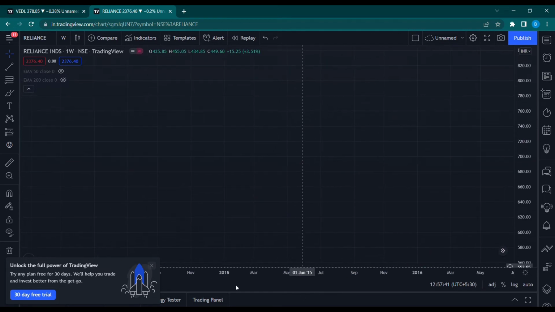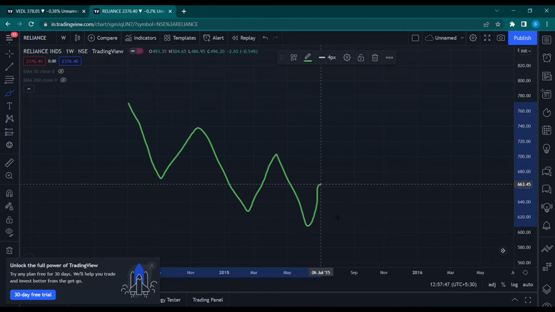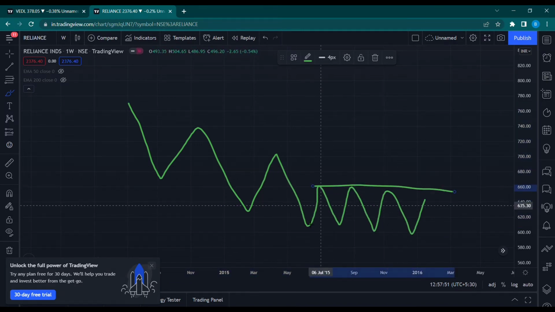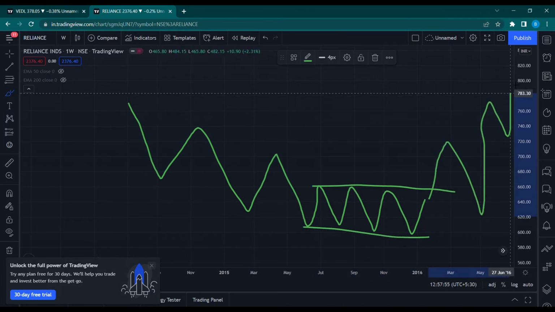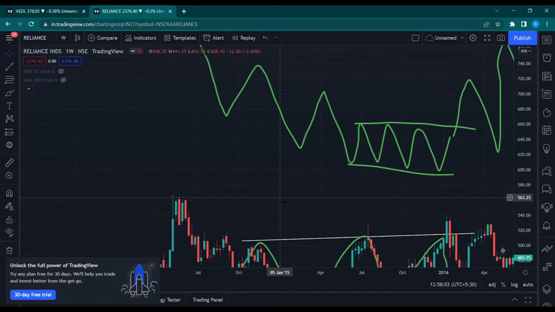We have a downtrend, right? And then we have a range bound market where prices are just stuck between two levels, and then we have an uptrend market, right? So uptrend, downtrend, and the intermediate stage, that is a range bound market.